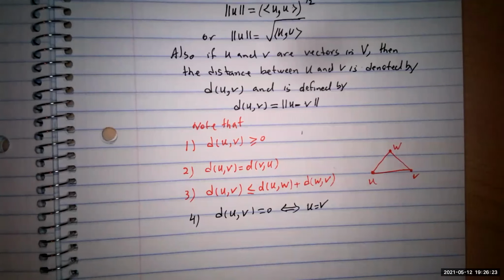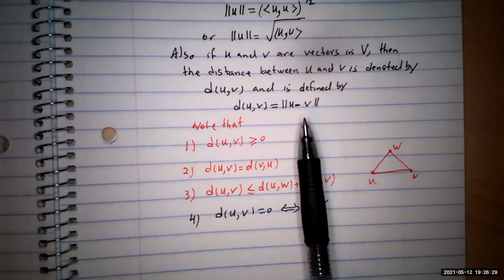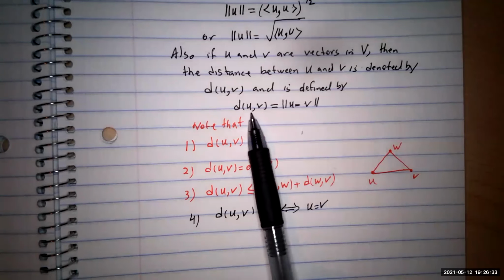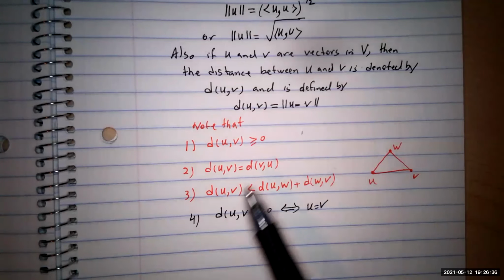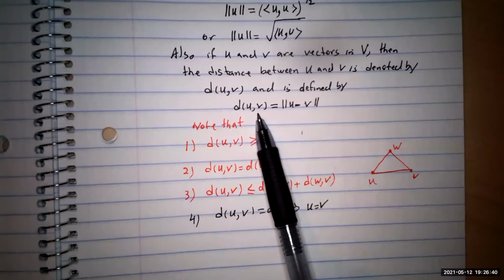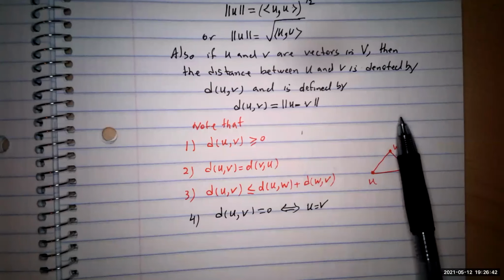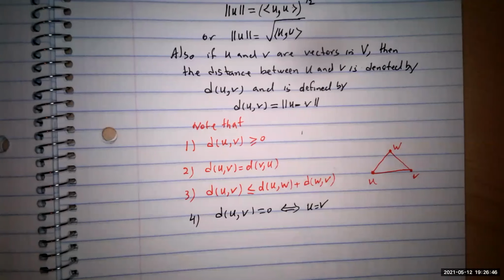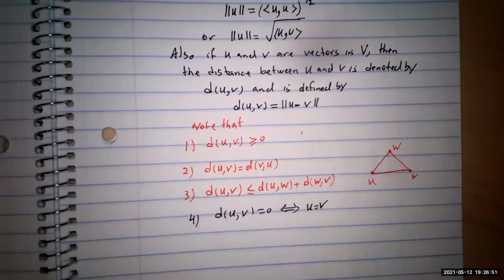If you want to get to advanced mathematics or physics, if you have a vector space on which you can define this d function, the distance function, this is called a metric. And a space with the definition of a distance is called a metric space.